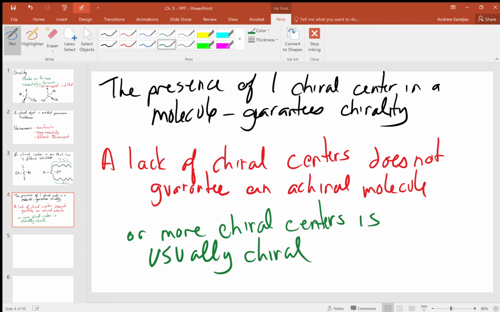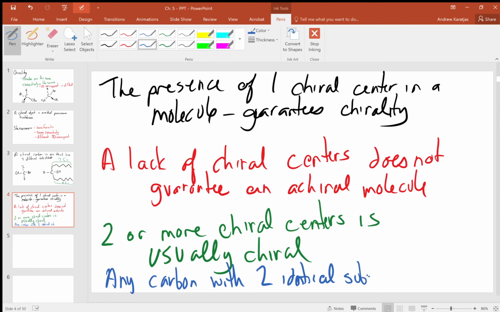There can be molecules that have 2 or more chiral centers and are not chiral. Now, finally, any carbon with 2 identical substituents is achiral.